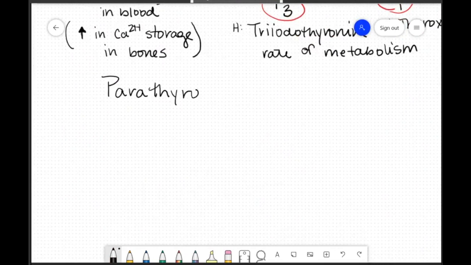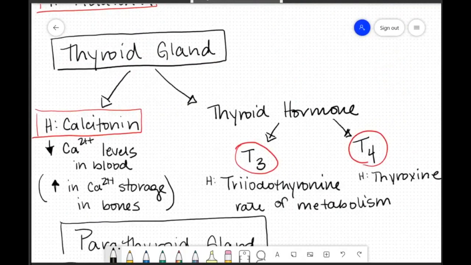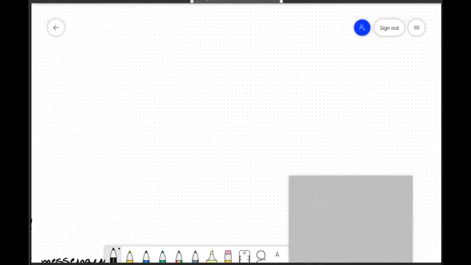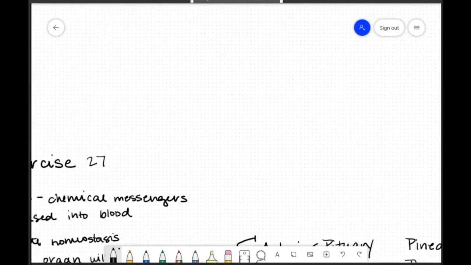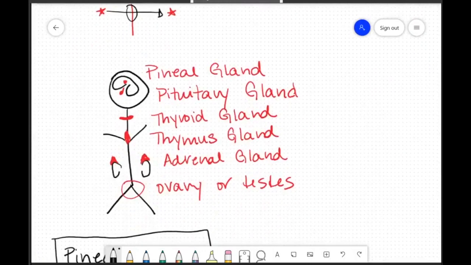So this has thyroid in the name, and para means next to. So if we're talking about where the parathyroid gland is, I did not explicitly mention it earlier, but if we come up to this guy, our thyroid gland right here, your parathyroid will be on the sides of that thyroid gland.